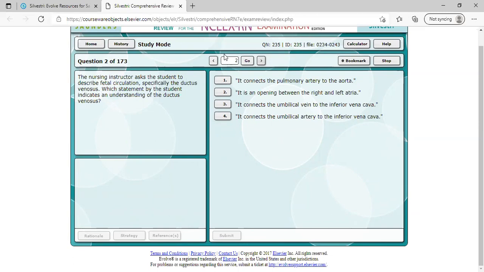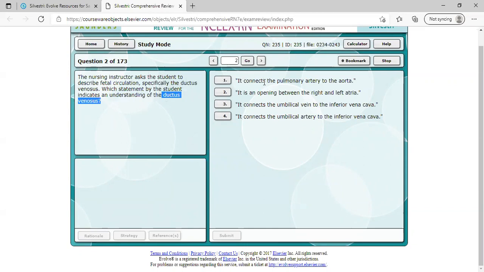Which statement by the student indicates an understanding of it? So the ductus arteriosus is a part of fetal circulation as well, right? And the ductus venosus connects the umbilical vein to the inferior vena cava. They ask which statement by the student indicates understanding of the fetal circulation.